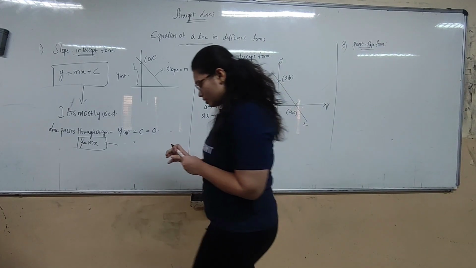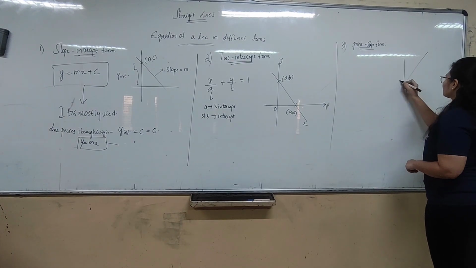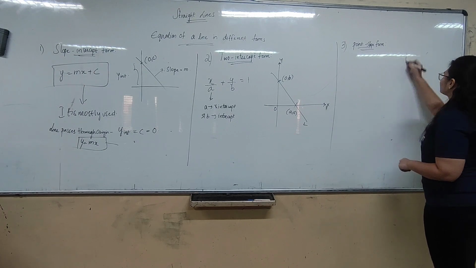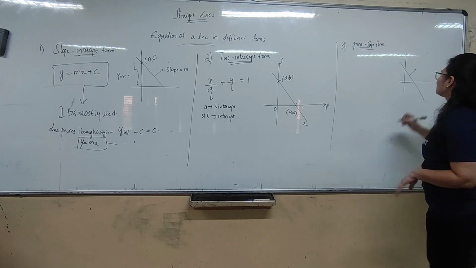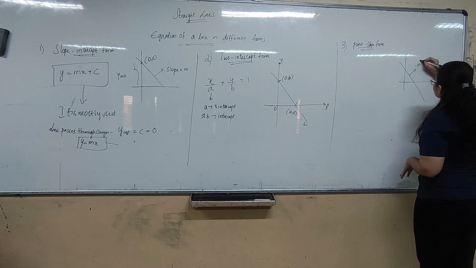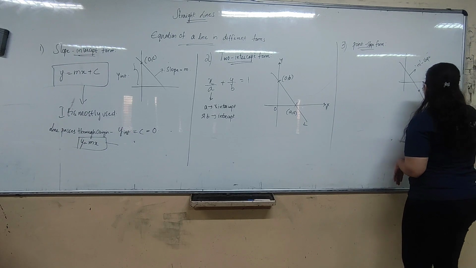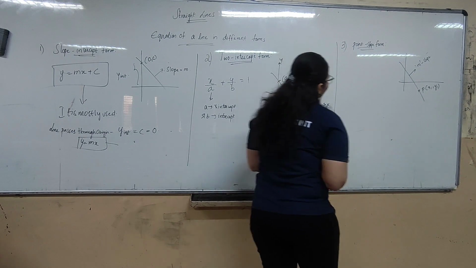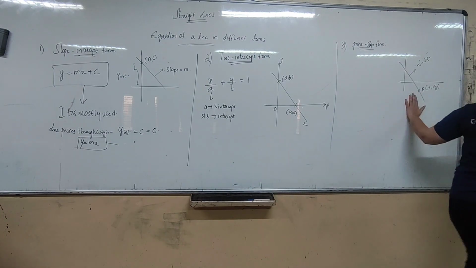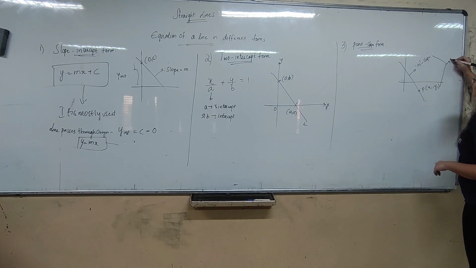In this, there is one line, and it is said that the line has slope m, and this line passes through some point P (x1, y1), right? So how will we write the equation with these two given?